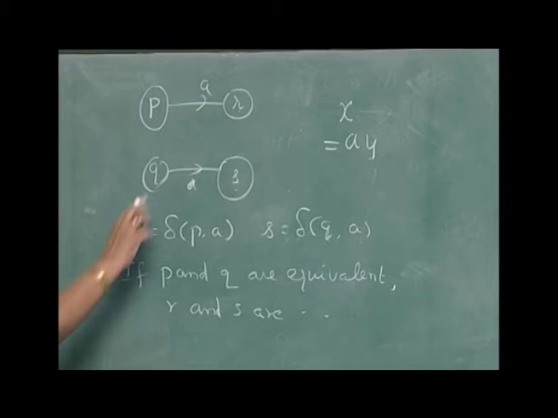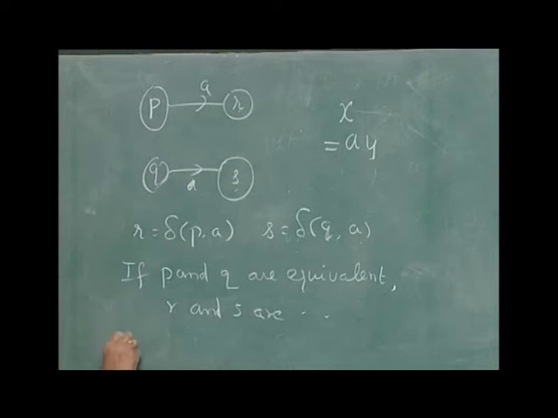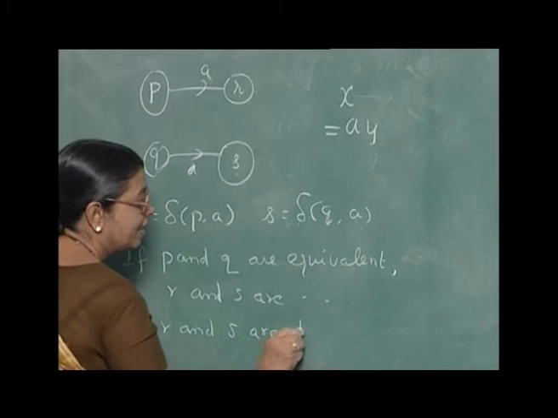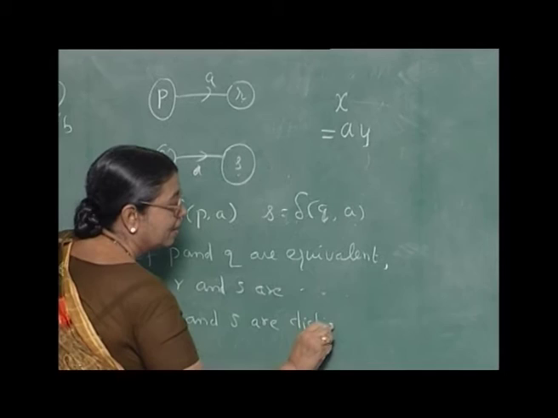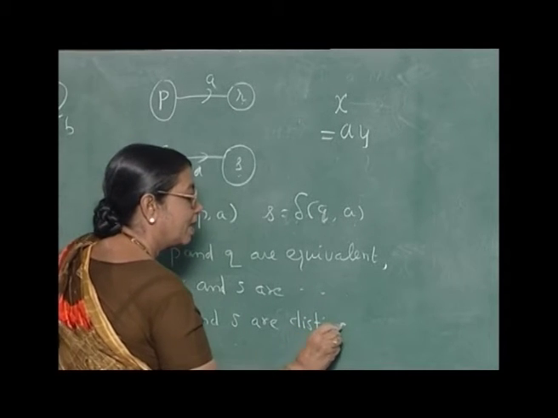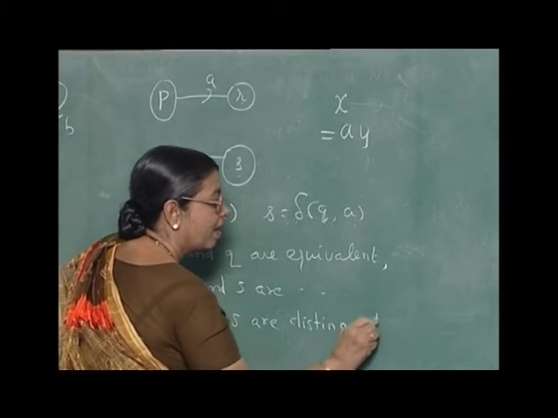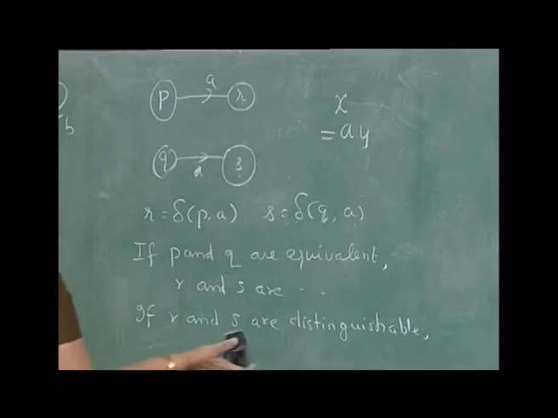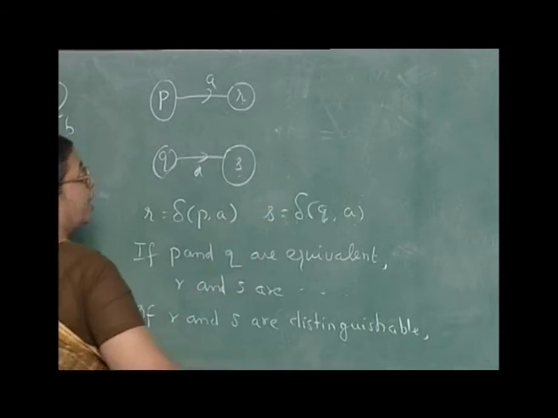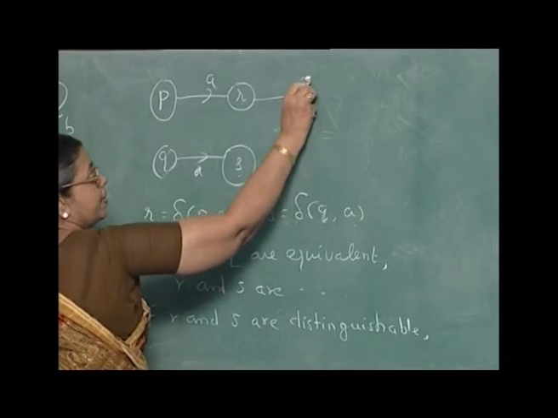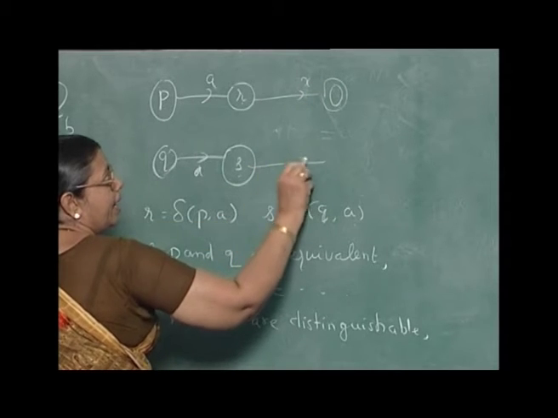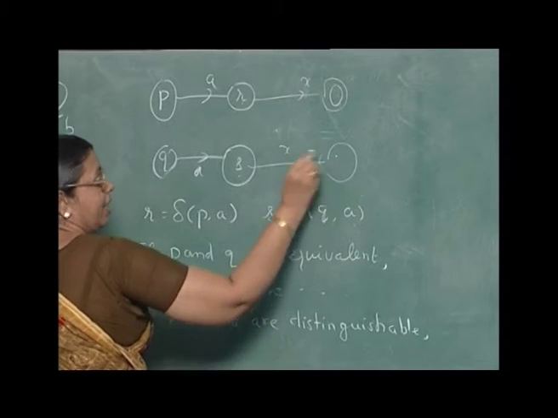And if R and S are distinguishable, what does that mean? There is a string x which takes one to a final state and another to a non-final state.